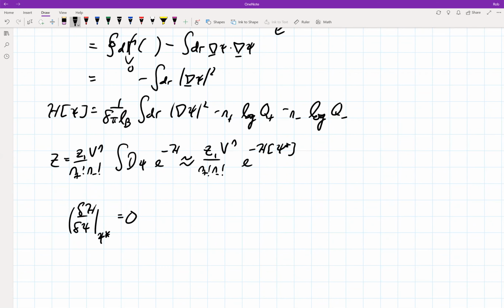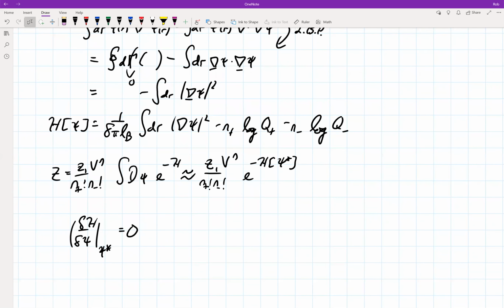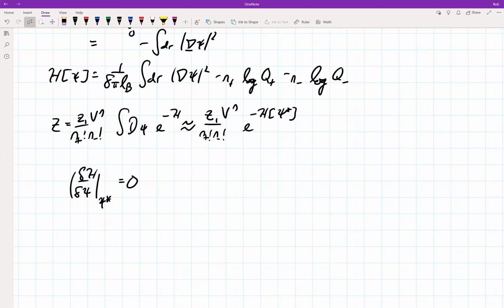And so if we let me see, where am I? So if we take dh by d psi here, what we're going to get is, let me make sure, we have 1 over 8 pi Bjerrum length, and then we have d by d psi of integral dr grad psi all squared.